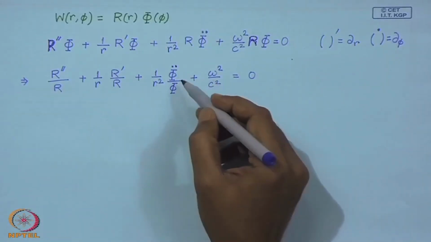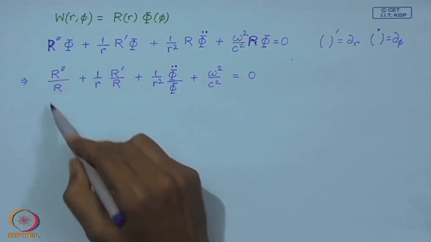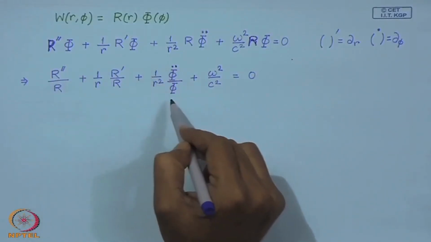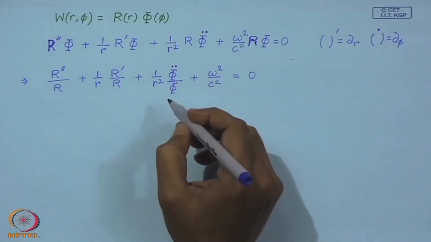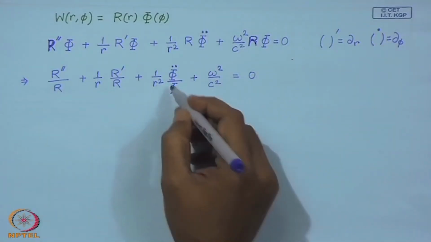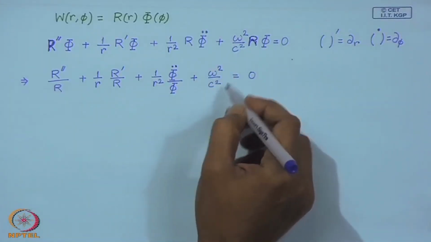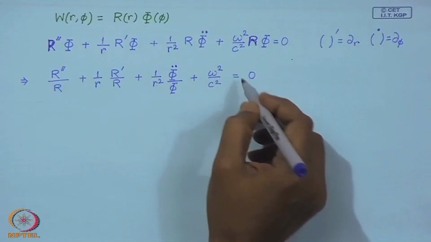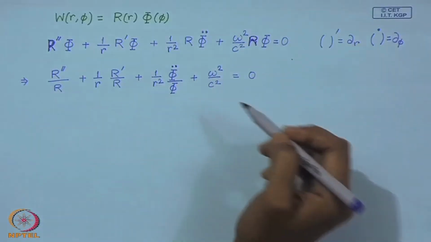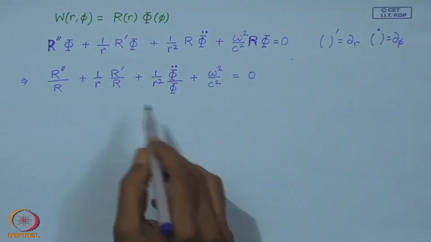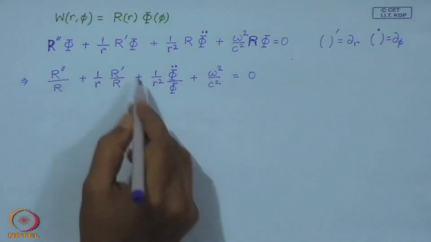If this, which is a function of r, and this, which is purely a function of phi, must add up with a constant which is independent of r and phi, and has to be equal to 0 for any r and any phi, then it is natural that these are all constants.